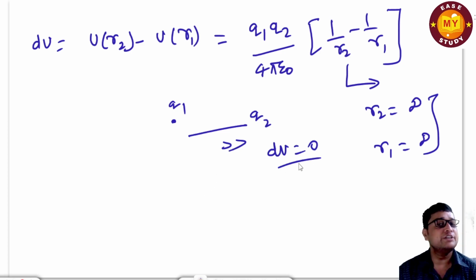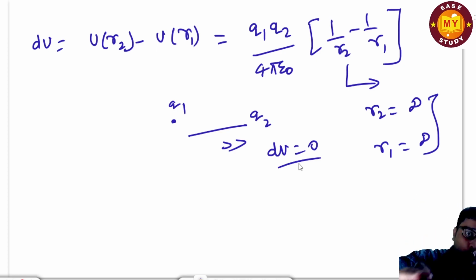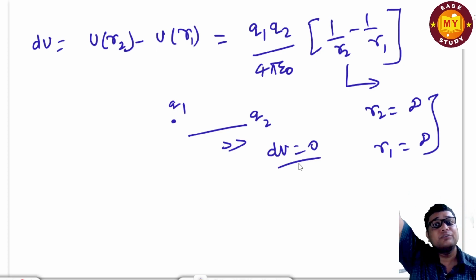The change in potential energy will be 0. So normally, to find the potential energy due to a single charge, we assume that the other charge q2 has been moved to the infinite location.